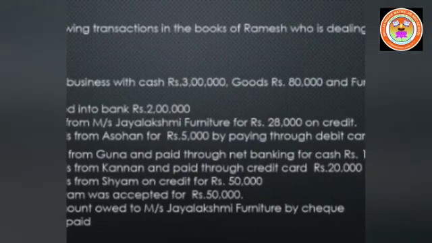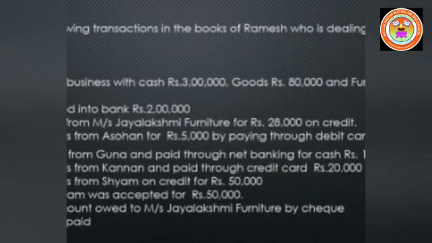What do you mean by debit card? Debit card is nothing but your ATM card. When you buy things through ATM card, you need not pay in the form of cash, but your banker will pay money for that.